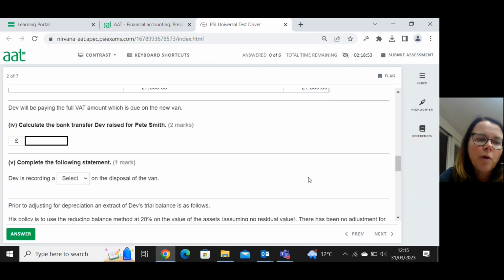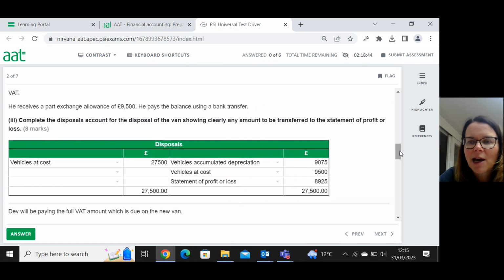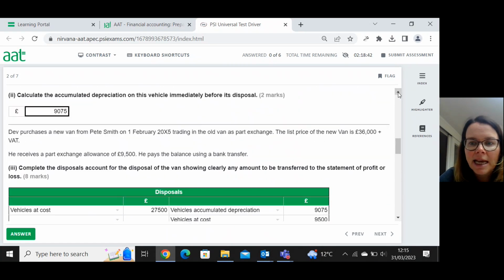Dev will be paying the full VAT amount which is due on the new van. Right, so he's got to pay the whole amount. They've helped us out there. I mean, we should have known that really. So the list price of the new van is 36,000 plus VAT. So I've just calculated that as being £43,200.